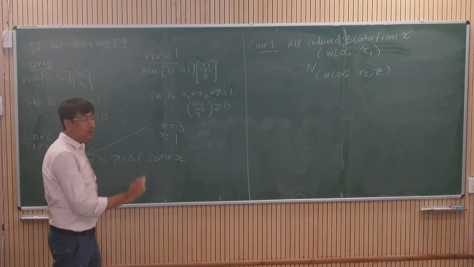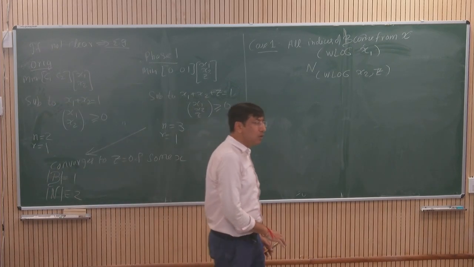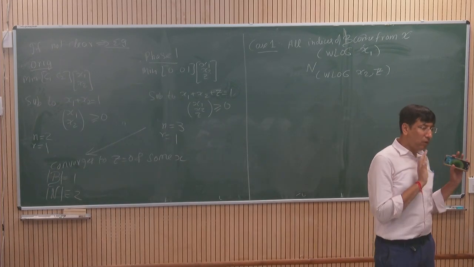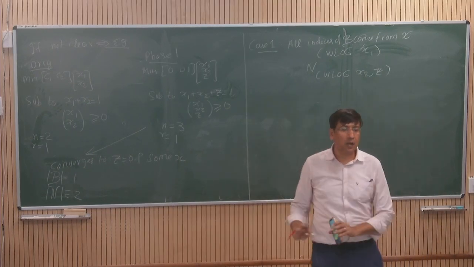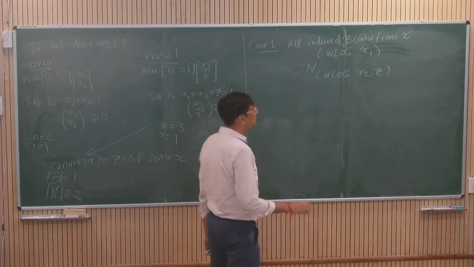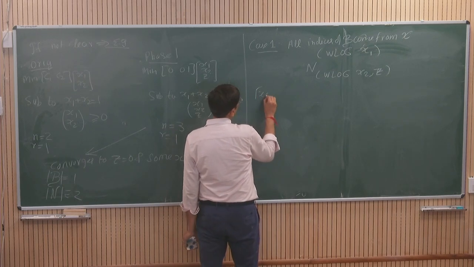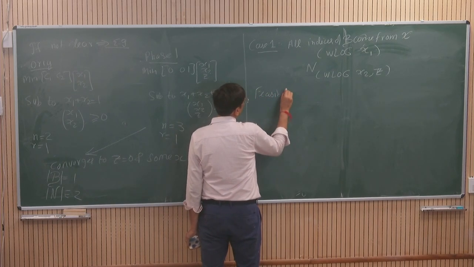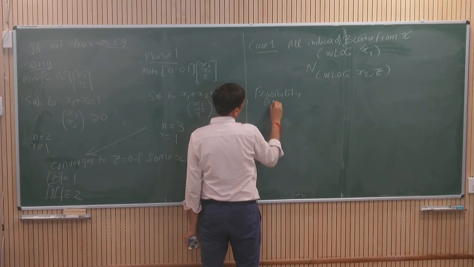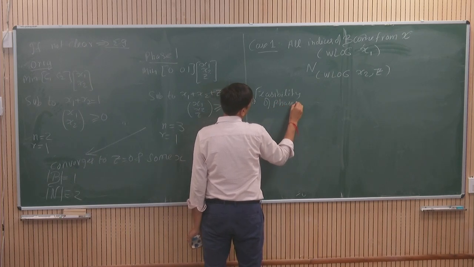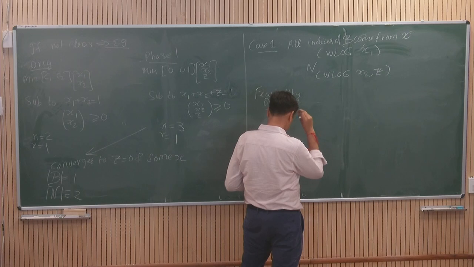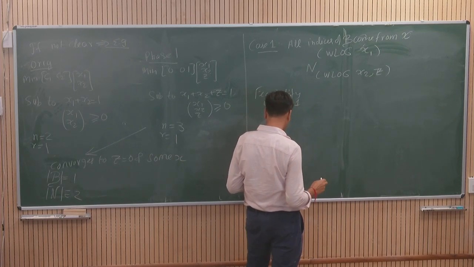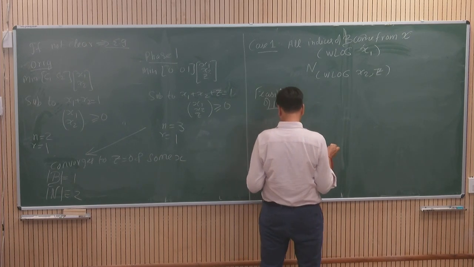Correct? Now we'll say that the solution of the phase 1 problem, which is converged, we're going to pick the indices and make it as a starting point of the phase 2 problem. So we'll start with feasibility of phase 1.